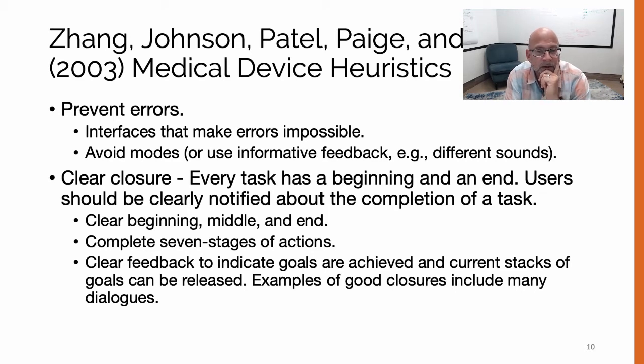But you don't necessarily notice that you've done that. That's a mode. Mode errors are very common, and they're simply when the same sort of action produces two different results when one mode is selected versus another. And it's a very common type of error, so avoid these when possible.